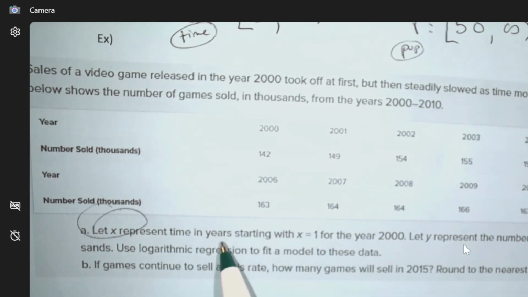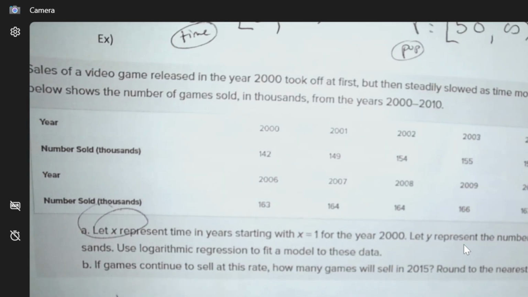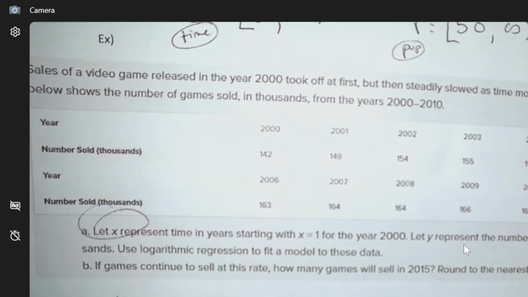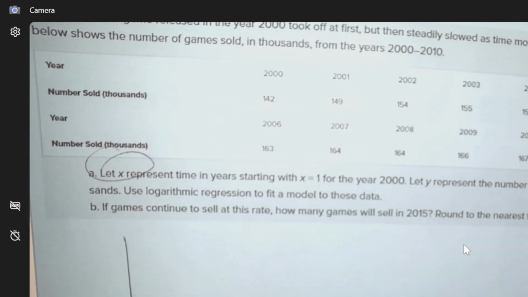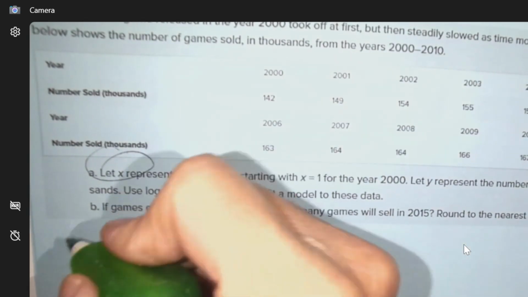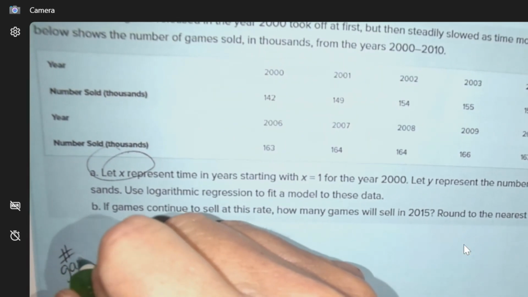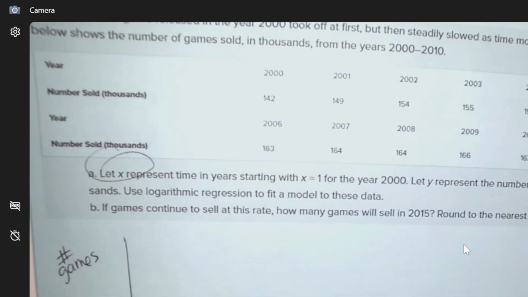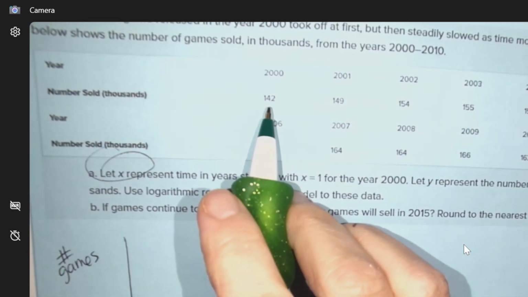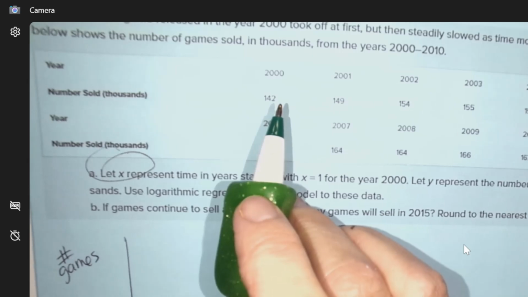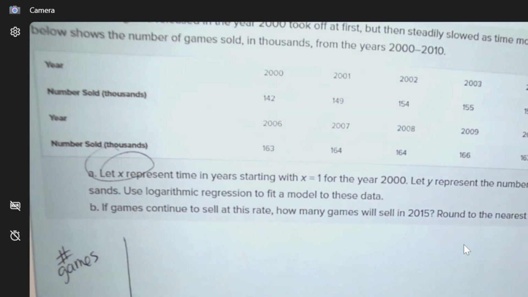So let X represent the years. Let Y represent the number of games sold in thousands. So it's not just that they sold 142 games, they sold 142,000 games.